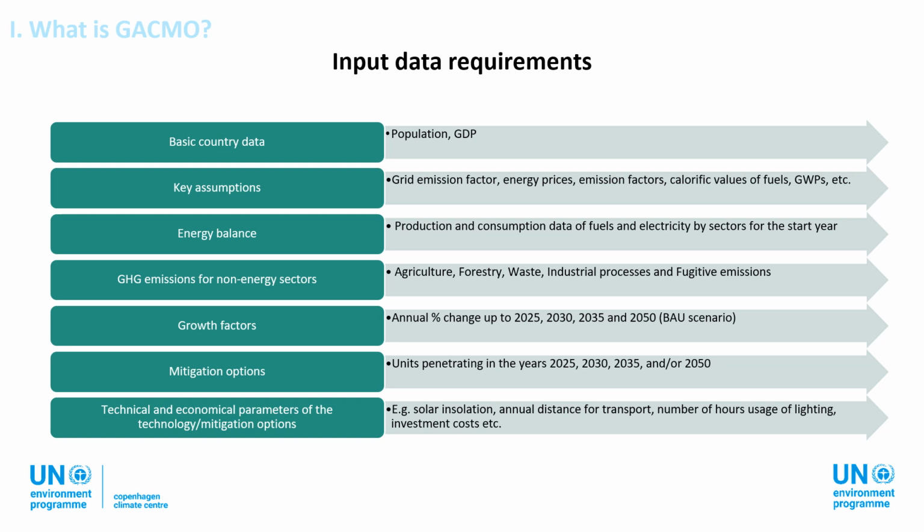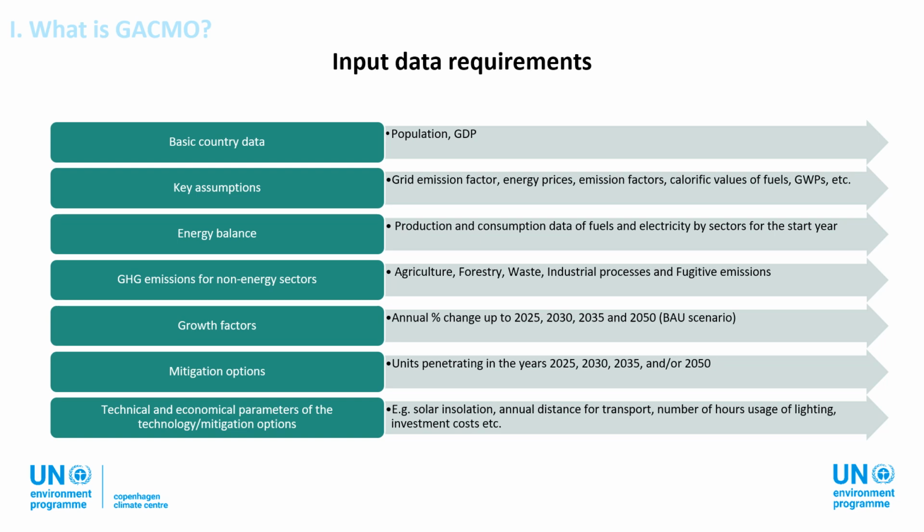Growth rates is an important input data requirement in the GACMO. It is used by the tool to construct business as usual scenario. Also, user specifies mitigation options. User needs to insert the data on the units penetrating in the projected years, and this data will be used by the GACMO to construct mitigation scenario.